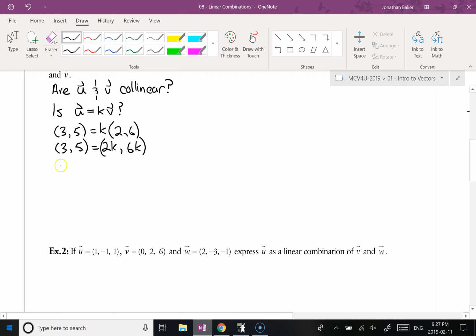So our first equation is 3 equals 2k, and our second equation is 5 equals 6 times k.